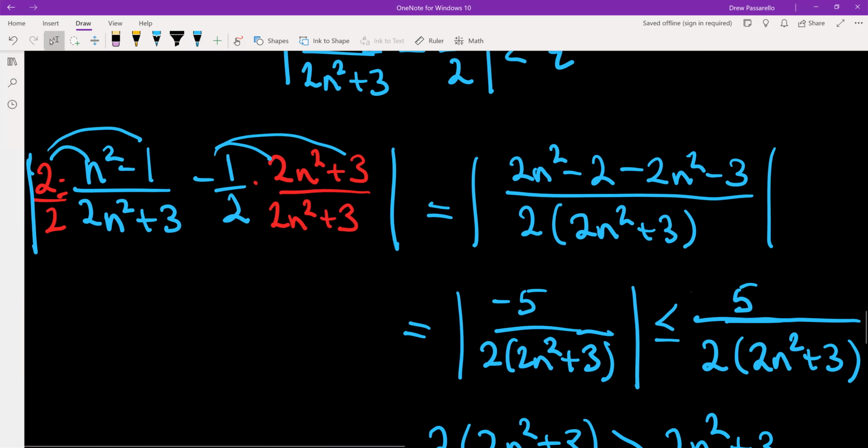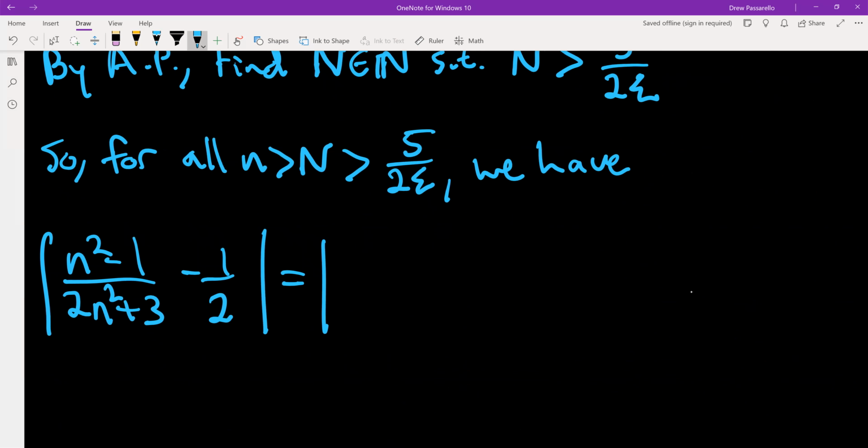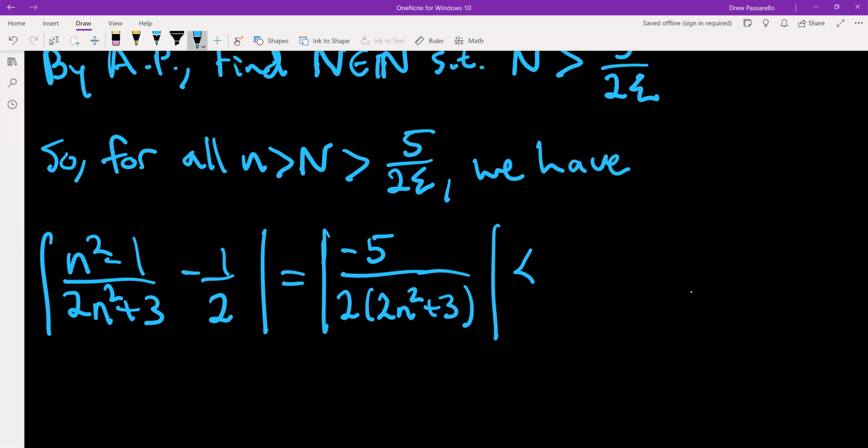negative 5 over 2 times 2n squared plus 3. And we said that's less than or equal to positive 5 over 2 times 2n squared plus 3.